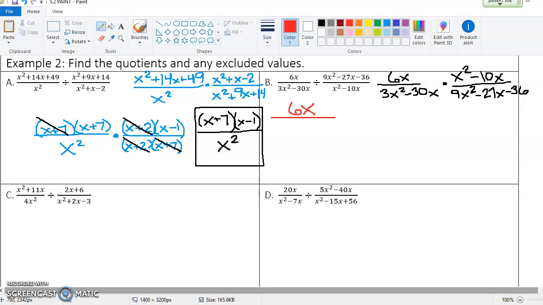Now that we've done that, now that we have flipped the second fraction, we can try working on factoring. There's not a whole lot I can do with the bottom left. I could take out a 3x, which is good enough. That would give me x minus 10 right there. It looks to me like that's actually really going to help us because I also have an x minus 10 on the upper right. There you go.